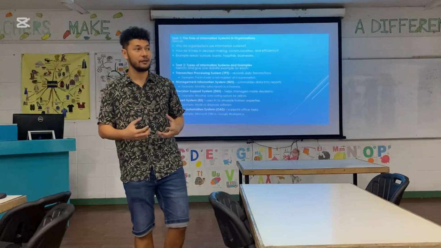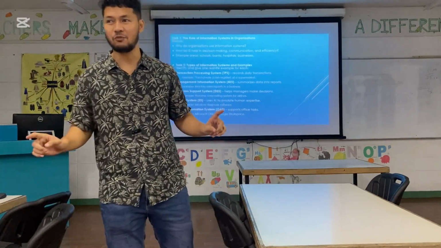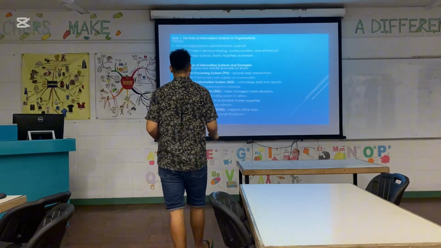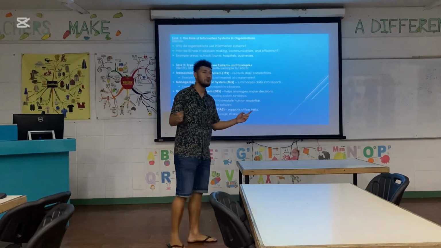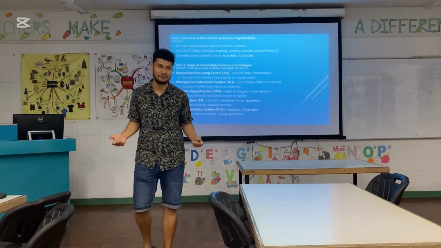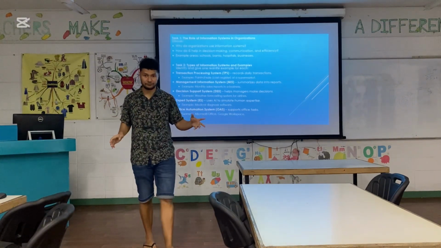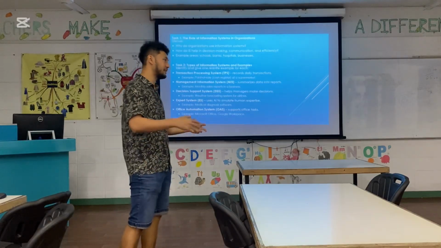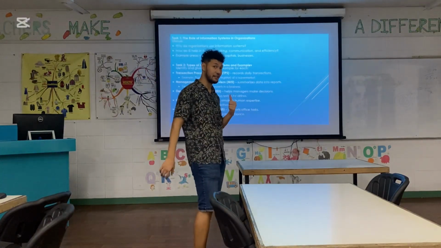What is the role of an information system? Why is it important? Why do organizations use information systems? So that is the first question. That's the first activity. I want you to discuss because we will present it after.